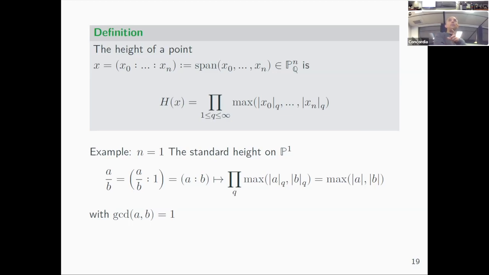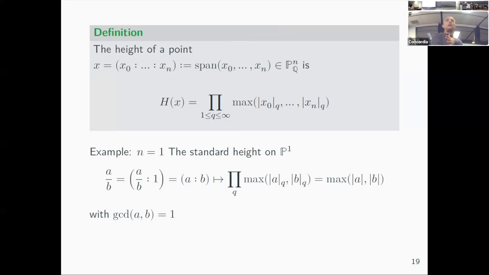So I pick a and b to be integers with gcd 1. In that case, one of the absolute values is always 1, because there's no prime that divides both a and b. So the maximum is always 1 on all the primes except infinity. And so if I put a and b in that form, it's just the maximum of the absolute value of a and the absolute value of b.